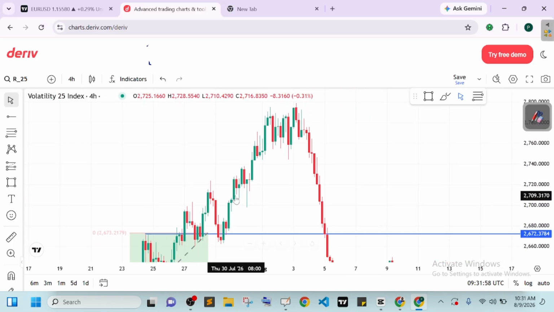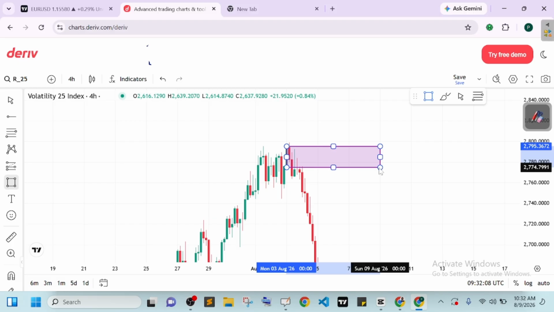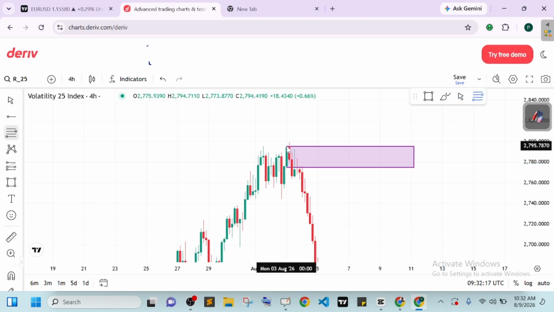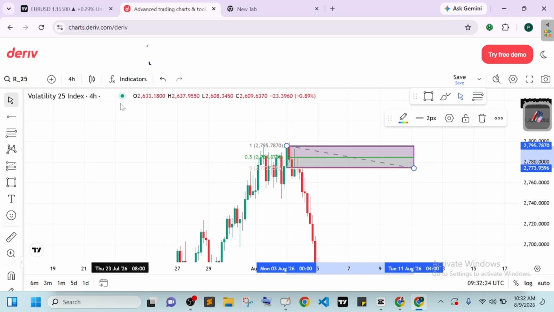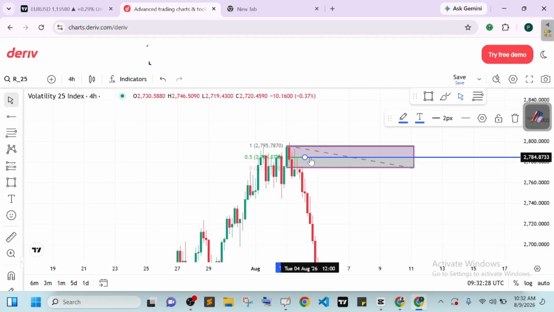Another thing I used to do is, let's look at this candle. This is, let me say, an engulfing candle, right? Or let's say that this is your order block. I will just make use of Fibonacci also to identify the middle of that candle. So I will wait for the price to come to that 50 level before I look for opportunity to trade.